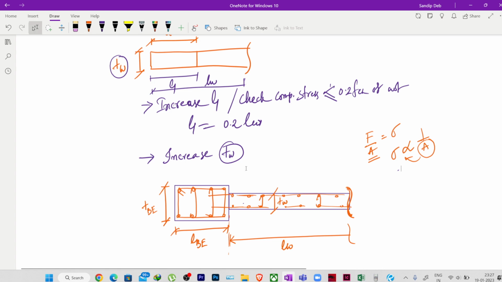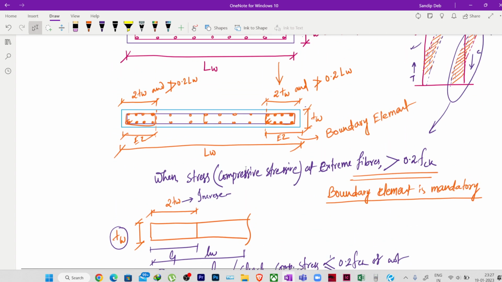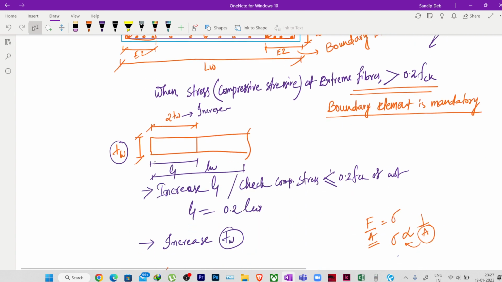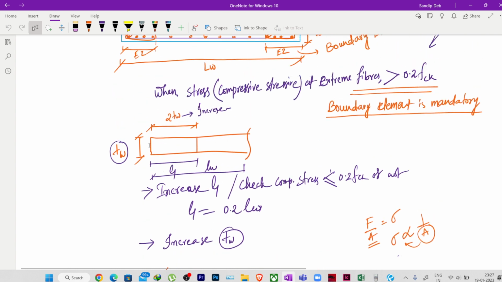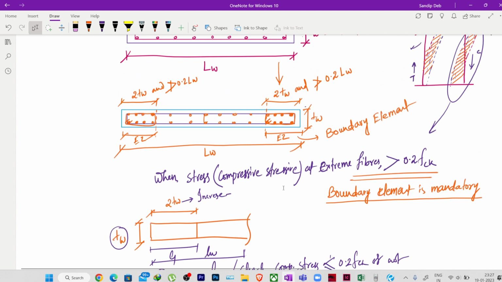Now suppose we do not have to increase the thickness if increasing the length reduces the stress to less than 0.2 FCK. Okay, so now suppose our stress is less than 0.2 FCK, but still to make it stiffer we have provided some end zones.